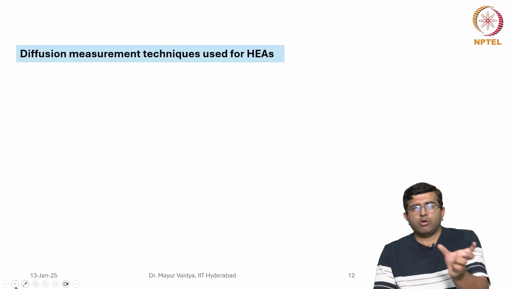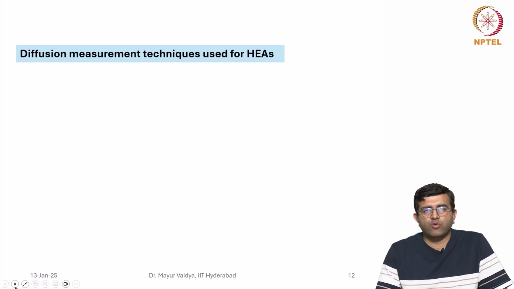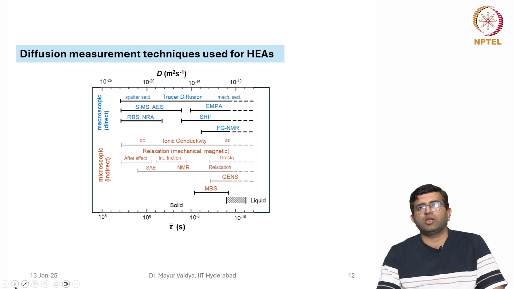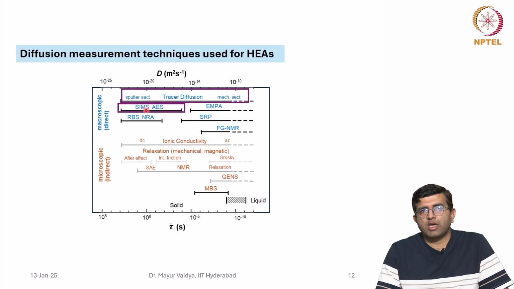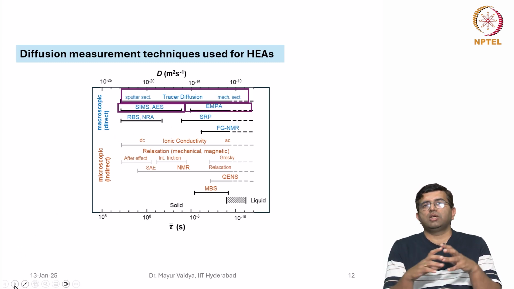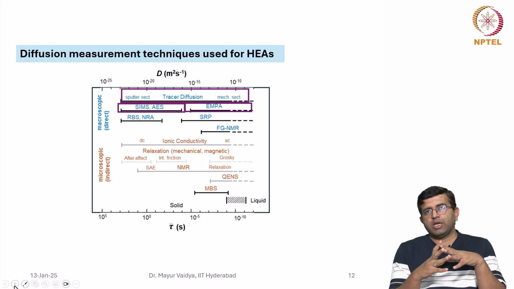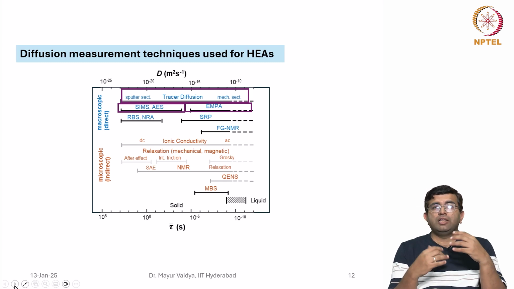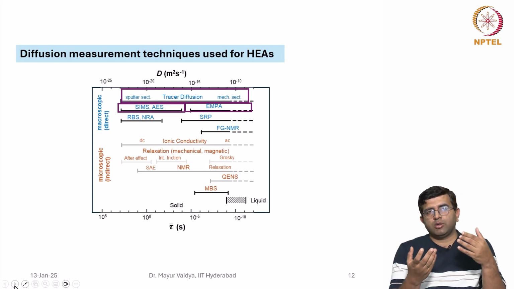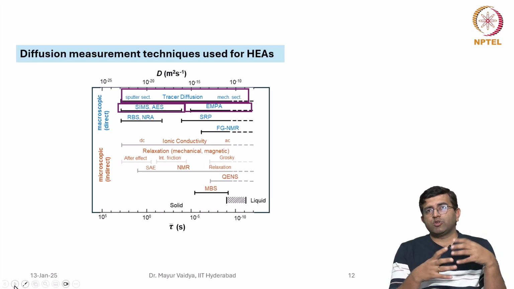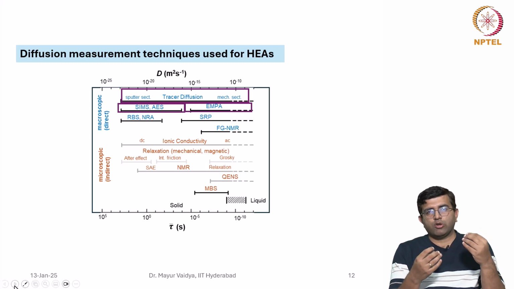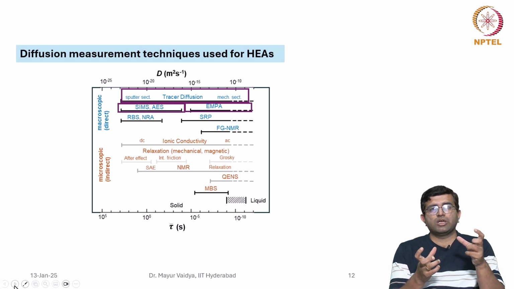Before we go on to some aspects of diffusion measurement, the diffusion measurement techniques used so far for HEAs are tracer diffusion, SIMS, secondary ion mass spectrometry, and EPMA. These are the primary techniques used for high entropy alloys. In EPMA, researchers have tried to make diffusion couples using a pseudo binary approach.